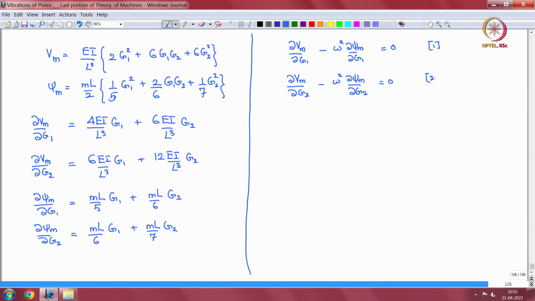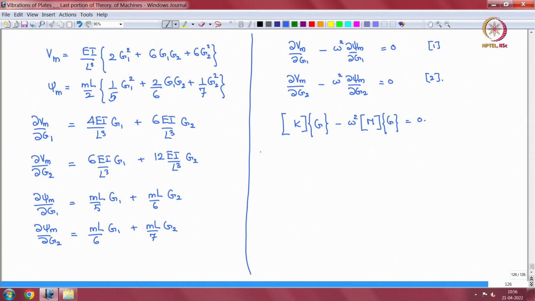So if we assemble this, I get k g minus omega square m g, where g is the g1 g2 vector, is 0.